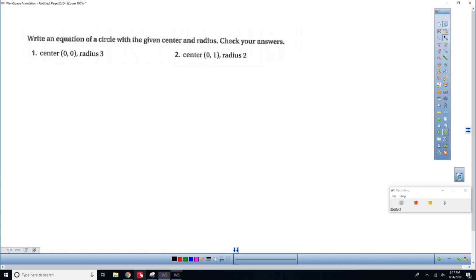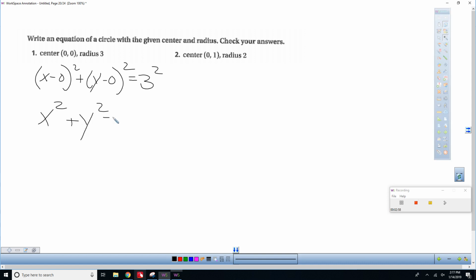Okay? So, if it's centered at 0, 0, and the radius is 3, it's x minus 0 squared plus y minus 0 squared is 3 squared, but we would never write it like that. It's just x squared plus y squared equals 9. That's the equation of a circle centered at the origin with a radius of 3.